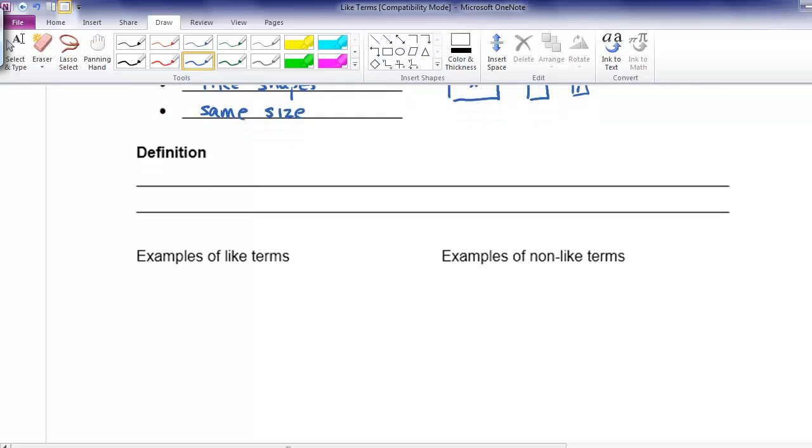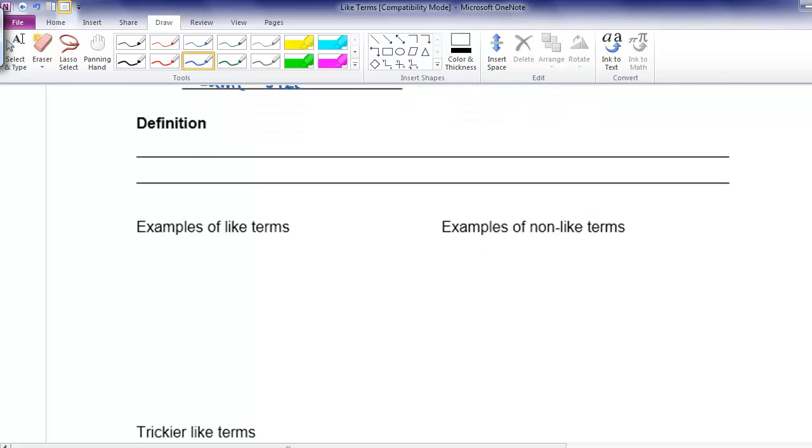Algebraically, the definition of like terms goes something like this. You can look in your book, but I'll describe it as an algebraic expression that is made up of a base and an exponent.